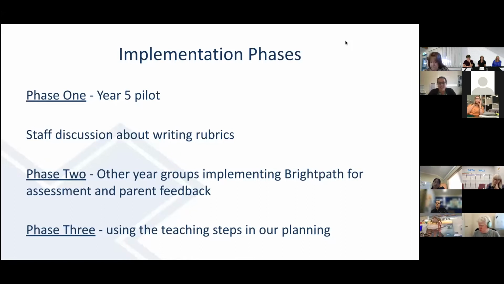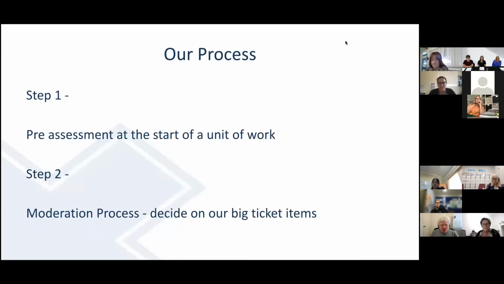The third phase, which is what we're in now within most of our year groups, is actually using the next steps or the teaching steps in our planning of our programs. So we did that across 3 phases. So I just thought it was important to tell you that, just in case you're at the beginning stages of using Brightpath at the moment.